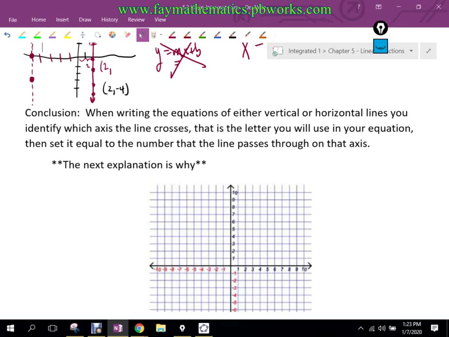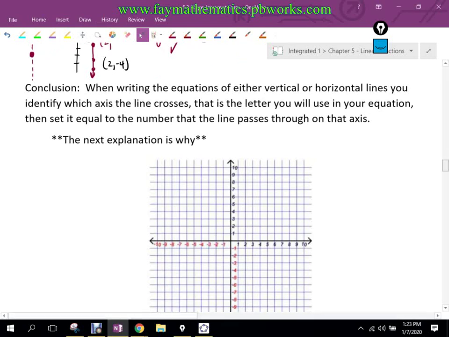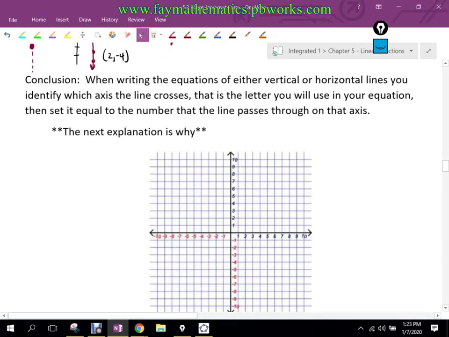I'm not going to draw this picture out again because we did it up here, but the idea is no matter what vertical line I draw, like that one there, the x value on that vertical line is 6 all the time, no matter what point.